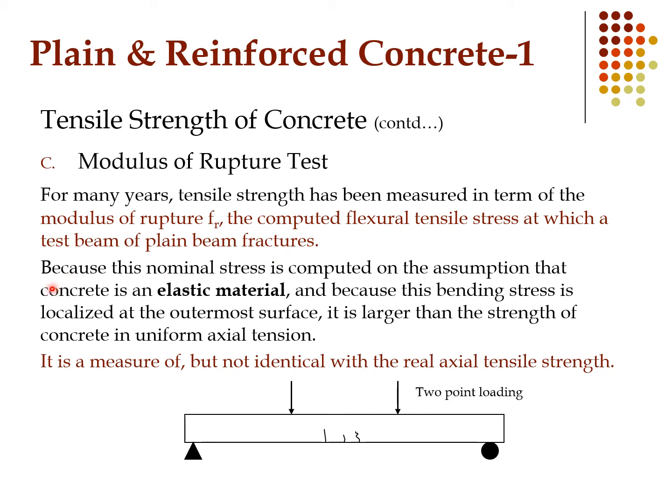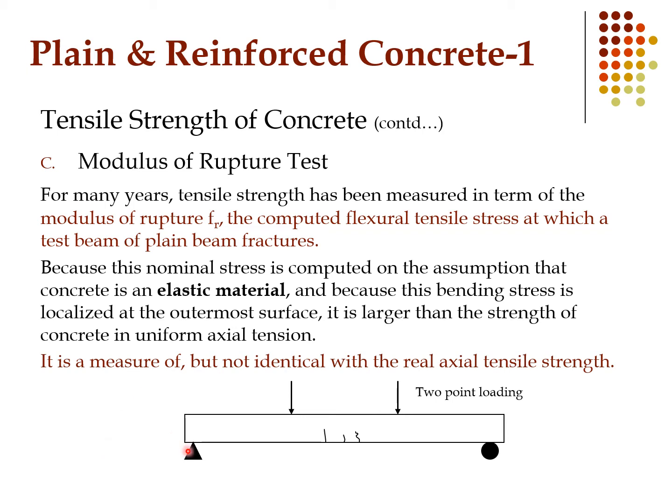Because this nominal stress is computed on the assumption that concrete is an elastic material, and because this bending stress is localized at the outermost surface, it is larger than the strength of concrete in uniform axial tension.